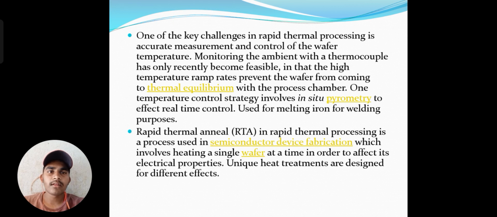Rapid thermal anneal (RTA) in rapid thermal processing is a process used in semiconductor device fabrication which involves heating a single wafer at a time in order to affect its electrical properties. Unique heat treatments are designed for different effects.